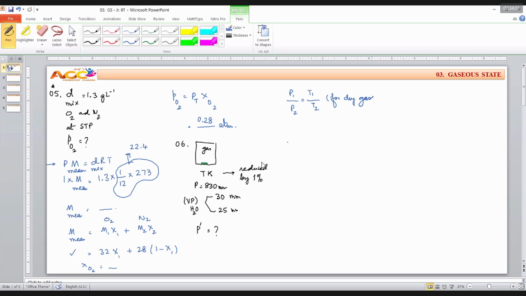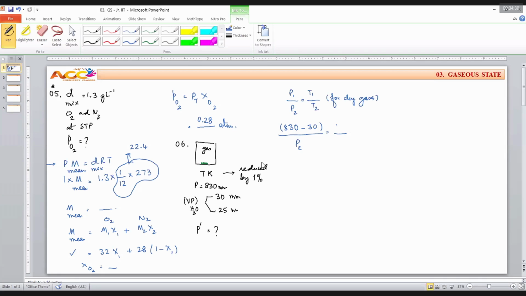Okay, let's go. What is pressure P1? Initial pressure is supposed to be 830. No, sir, this pressure is the pressure of moist gas. Whenever moist gas is given, remove the pressure of water, the aqueous tension. This is Dalton's law: the sum of partial pressures of gas and water vapor is equal to the total pressure, right? Then P2. What is this P2? P2 is the final pressure of dry gas, equal to T1. What is T1? T kelvins.